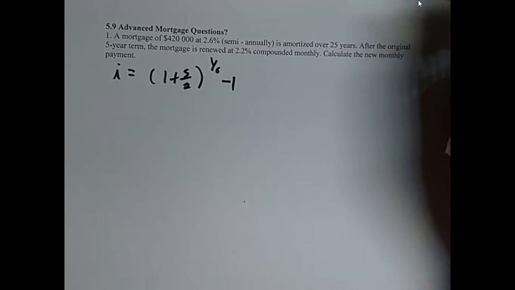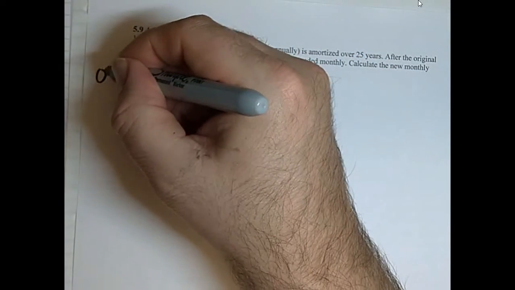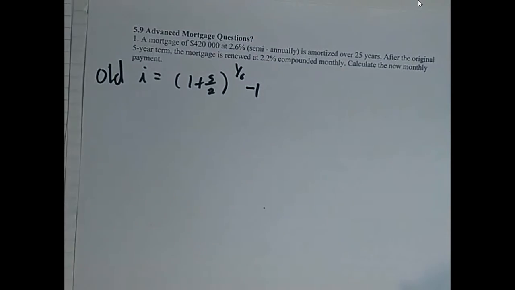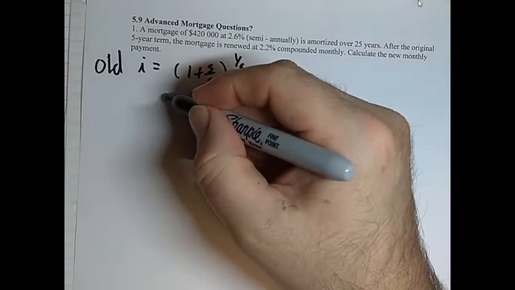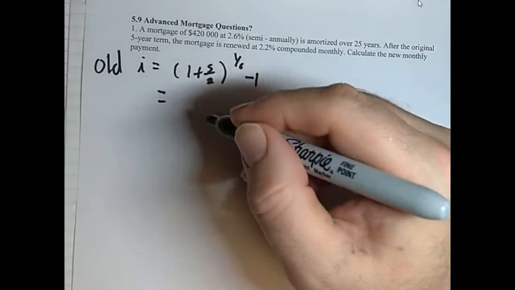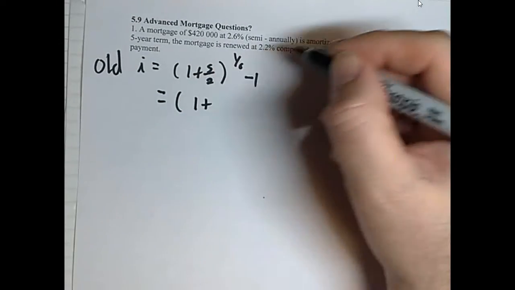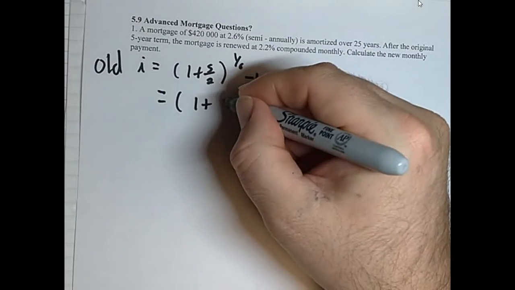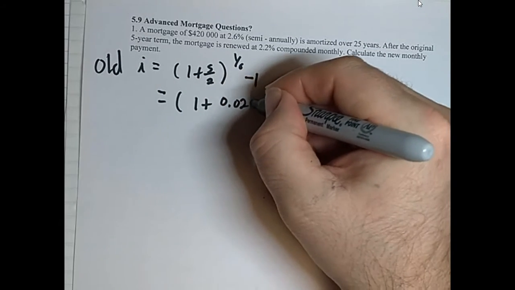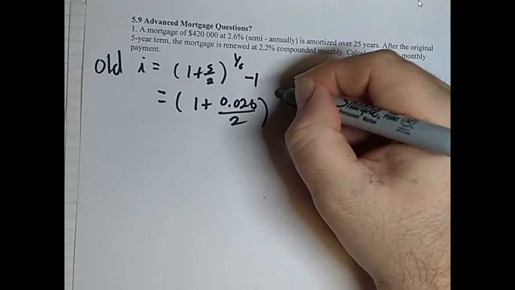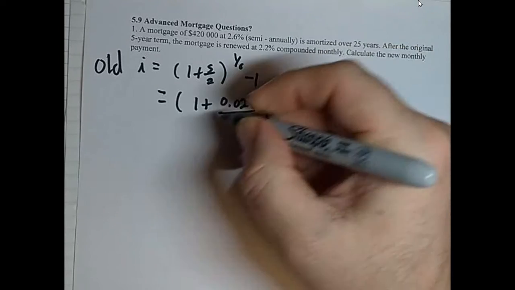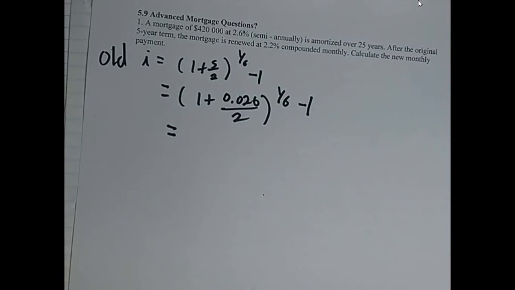So first, we're going old. All of this stuff is old. We're going to figure out the old payment, and we have to start this way. So we have 1 plus j over 2, where j, let's use a decimal, is 0.026 over 2, to the power of 1 over 6, minus 1. We're going to use our calculator.